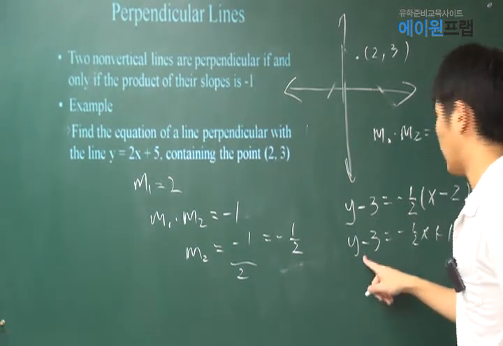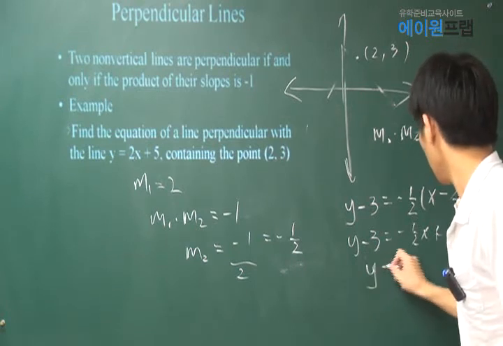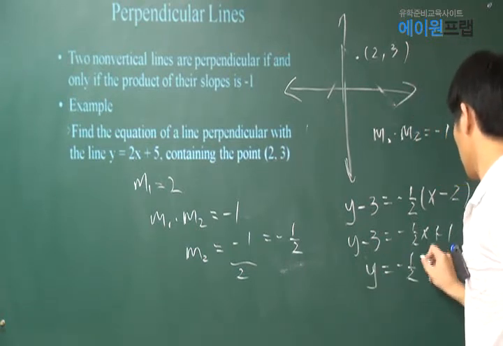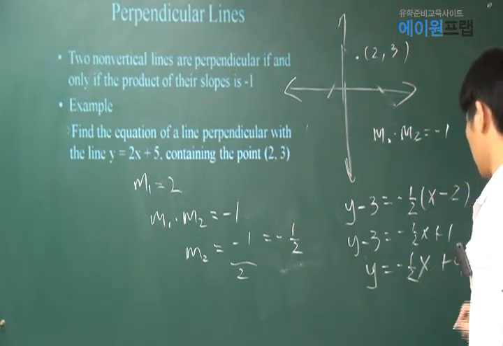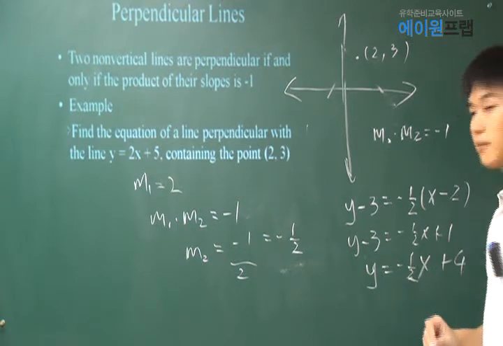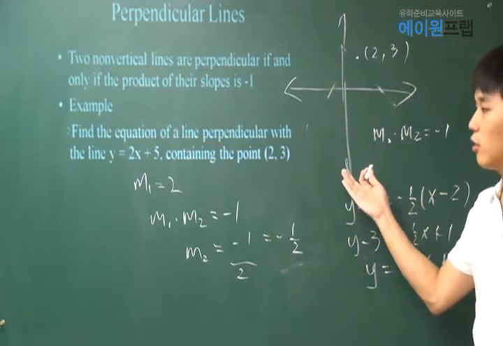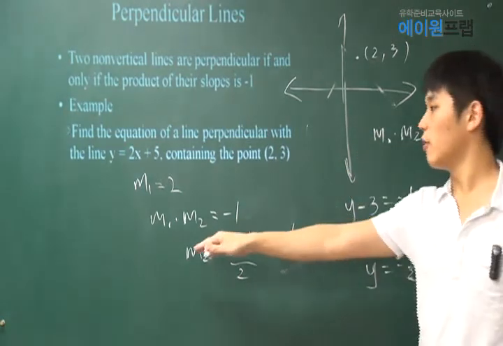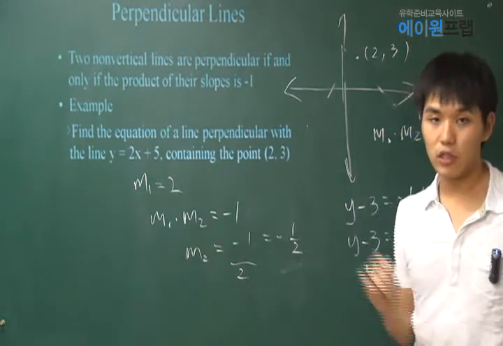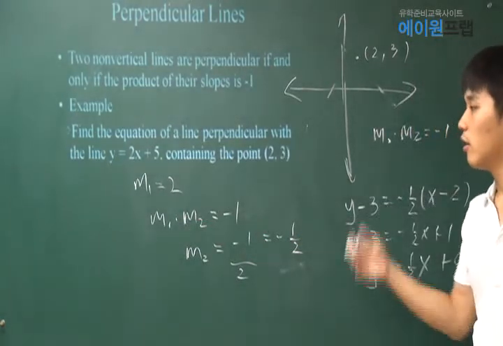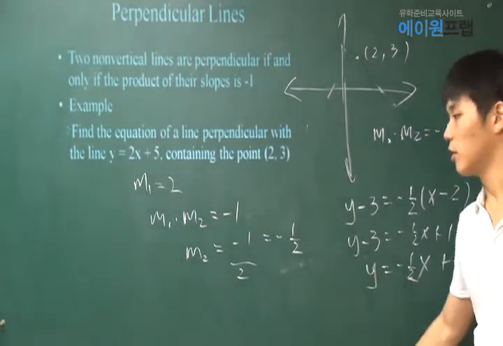Adding 3 on both sides, y equals negative half x plus 4. Remember that if a line is perpendicular to another line, the slope of the line we're looking for will always be the negative reciprocal of the original line's slope.